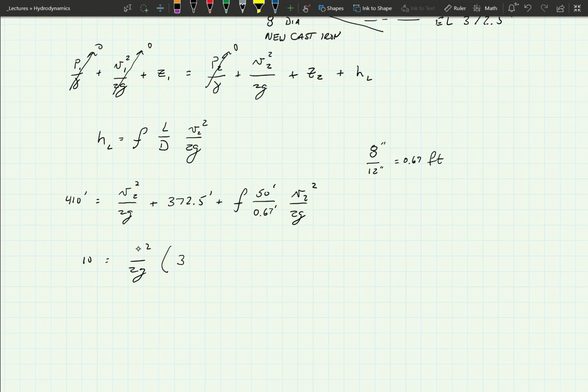Guys, do the math with me here. Somebody, I'm going to screw this up. All right, so let's get, so it's 410 minus 372.5 feet. Okay, then we're going to, this is negative, that's negative, minus the friction times 50 feet over 0.67 feet.